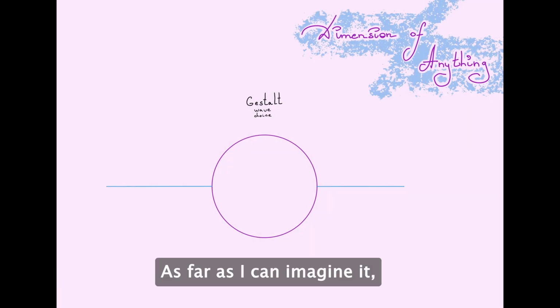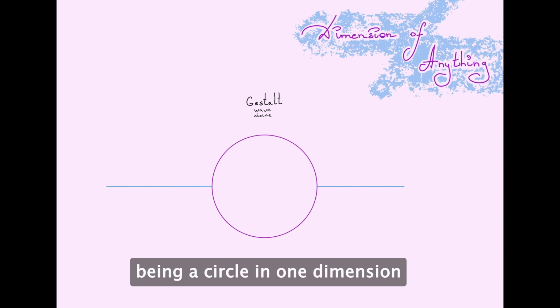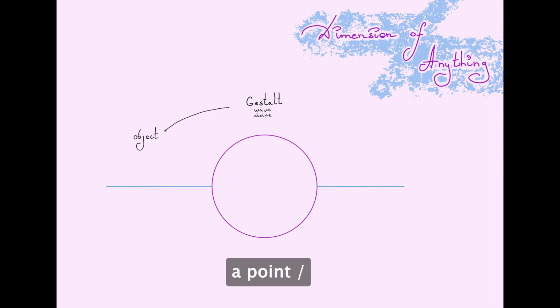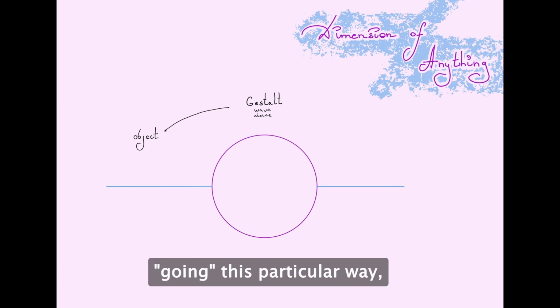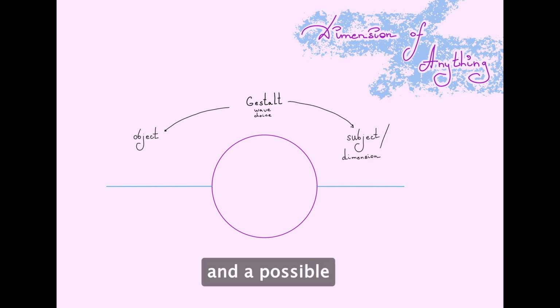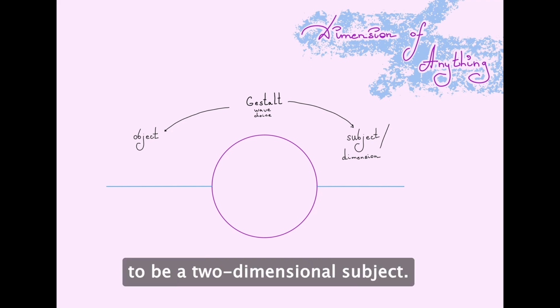As far as I can imagine it, being a circle in one dimension is something about being both a point or a line, an object of the dimension going this particular way, and a possible to be a two-dimensional subject.